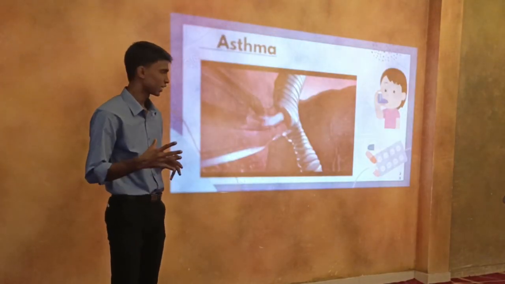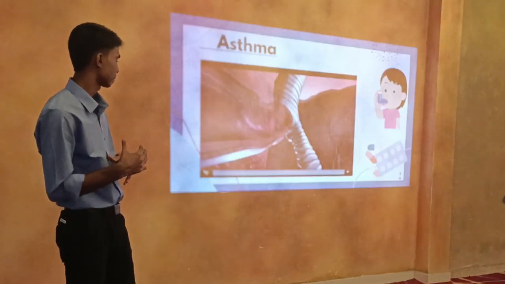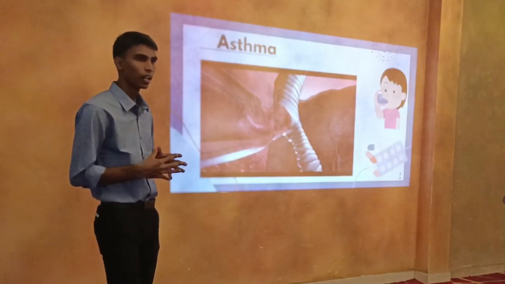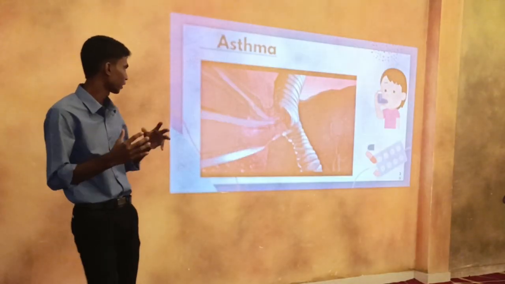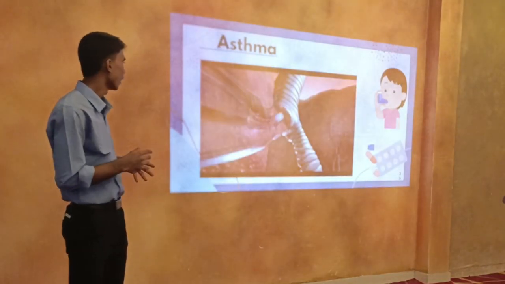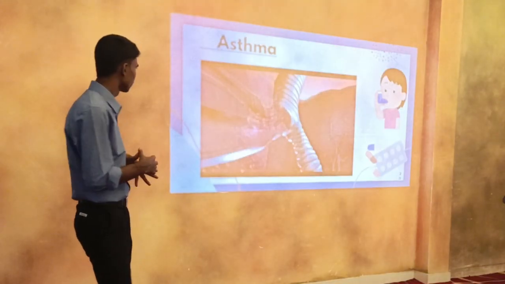When we talk about illnesses related to the respiratory system, the major disease is asthma. It occurs when our respiratory tract gets thick and does not allow air to go through it.